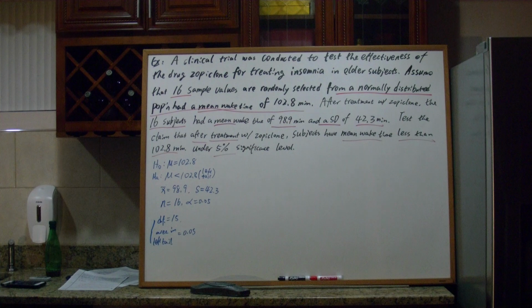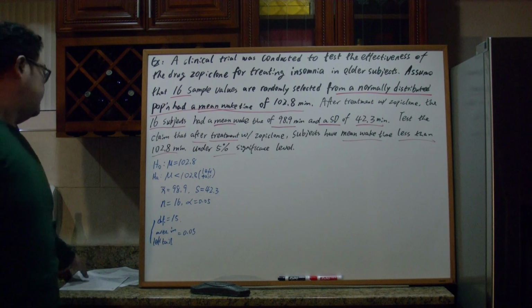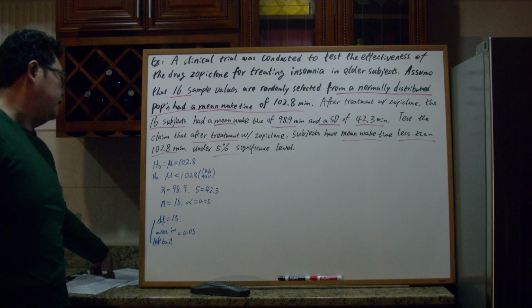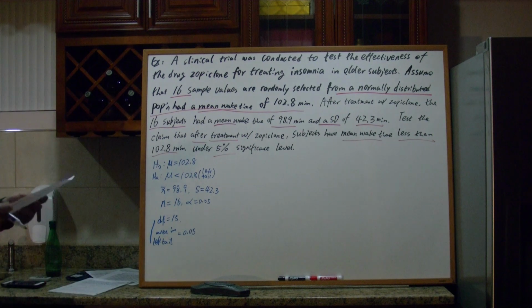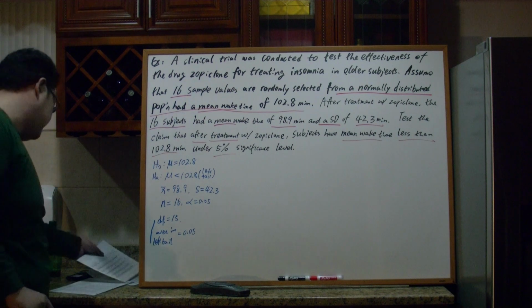We have the sample mean, sample standard deviation, sample size, and alpha. The sample size is 16, therefore the degrees of freedom is 15. The area in the left tail is 5%, so we go to the table to find 5% and 15, which intersect at 1.753.